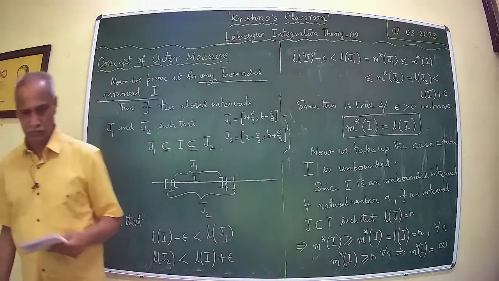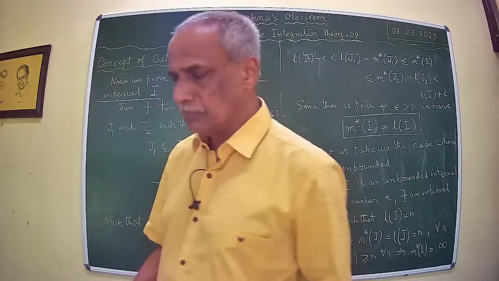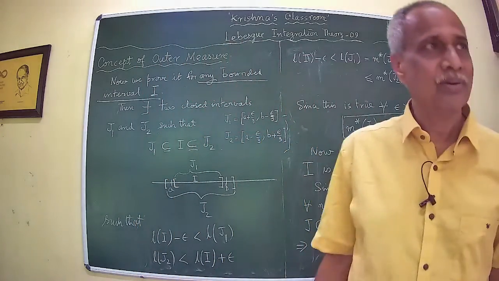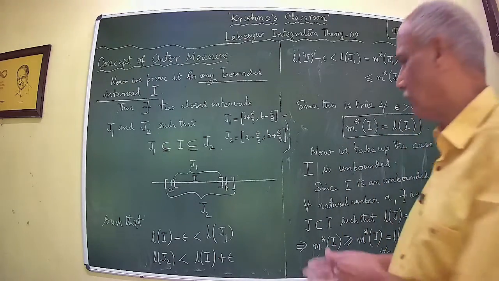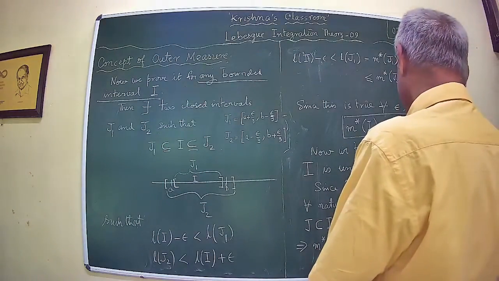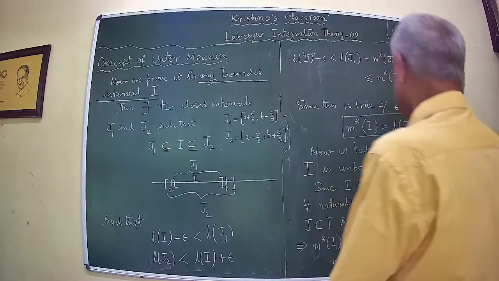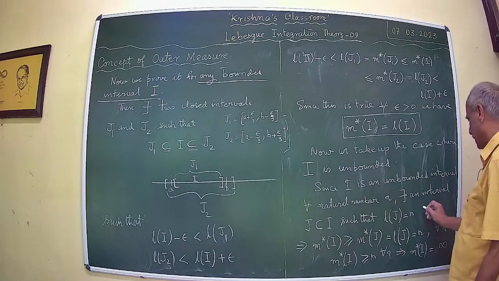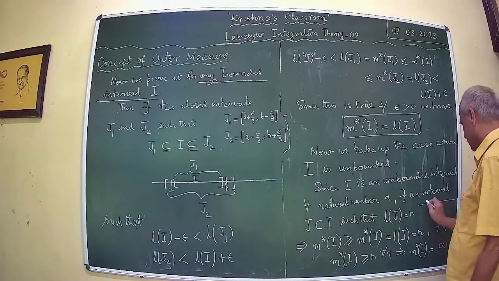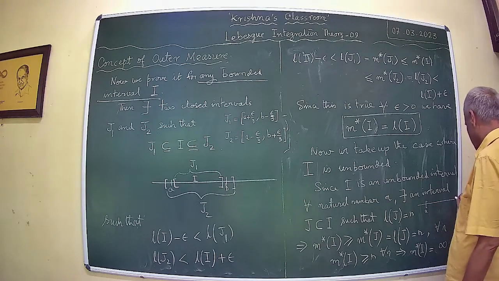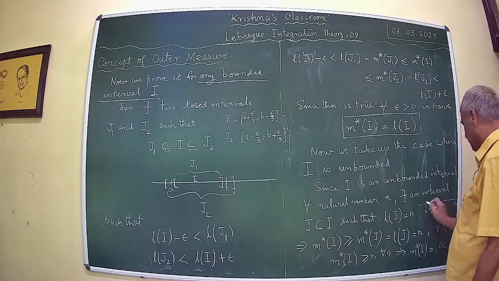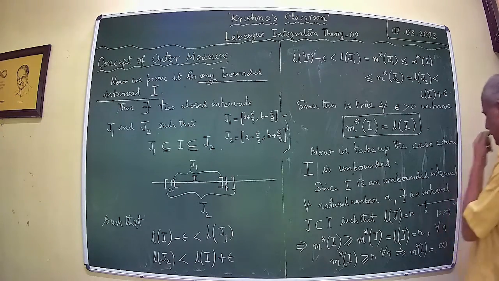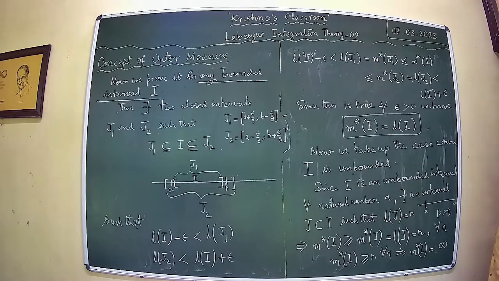And m star of I, if it is an unbounded interval, is equal to infinity, which is the length of I. Okay, so that's it. Incidentally, in the three cases, see, suppose the interval is a to infinity. Then what do you do?